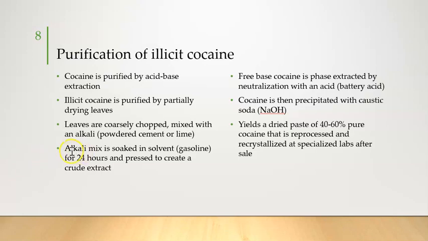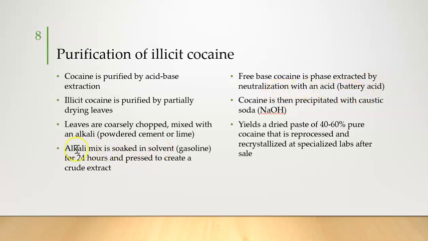So this alkali mix is soaked in your solvent for 24 hours and then pressed to create a crude extract. That's where you get that powdered or like the blocks of cocaine that is pressed to get the crude extract.